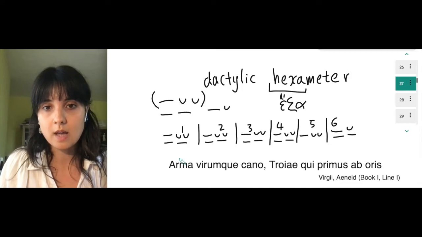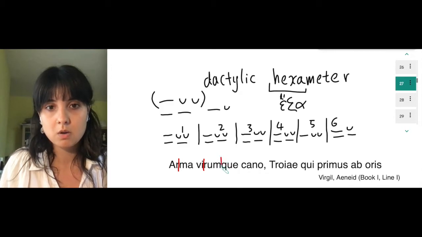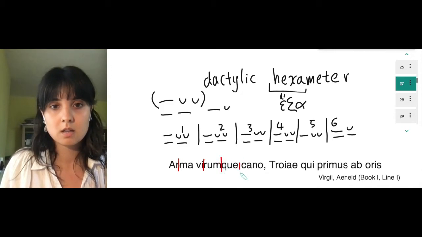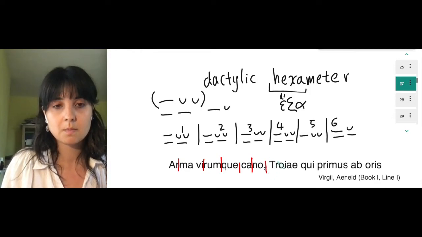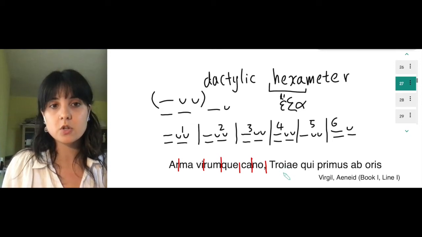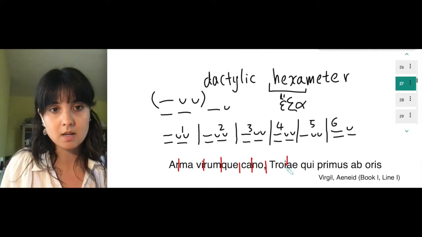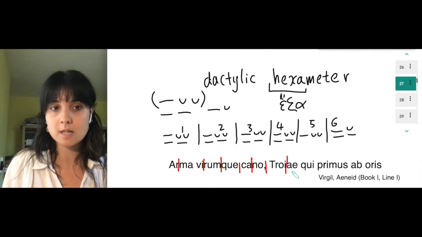So here we have ar-ma, vi-rum-que, ca-no. And then for Troiae, because Troiae is made up of two vowels, an o and an i, and an a and an e, we split them up like that, so they're two separate syllables.